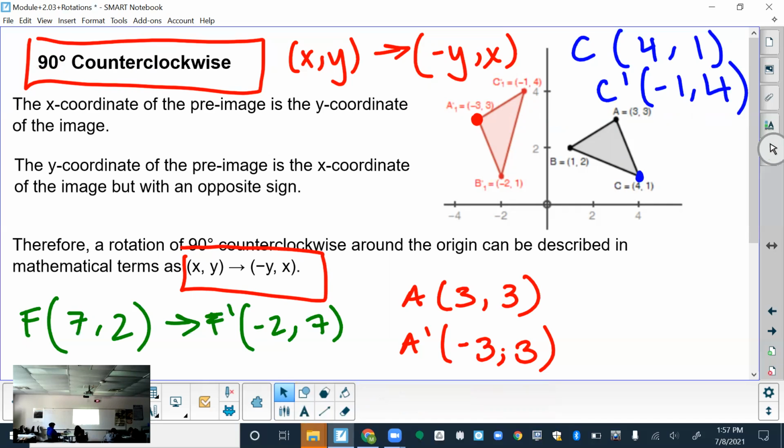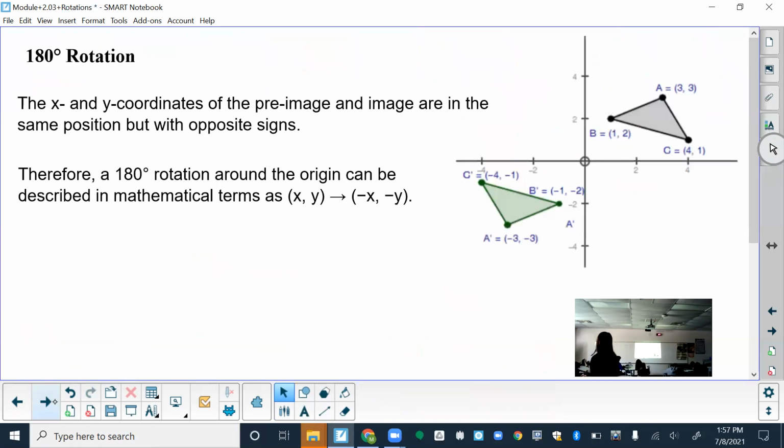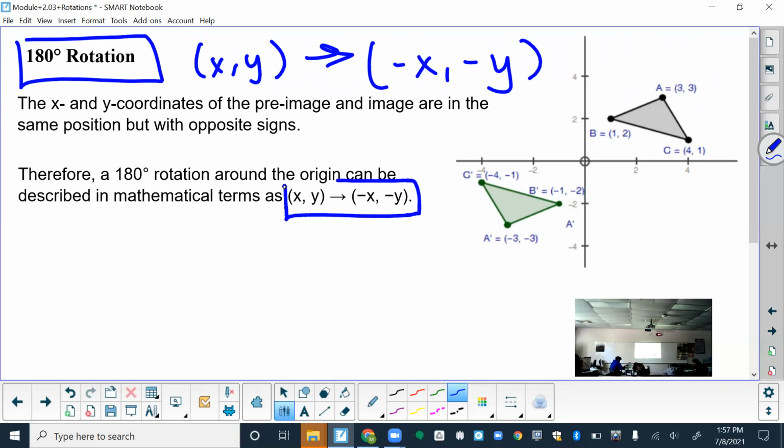Good. All right, so the other rule is the 180-degree rotation. If it says in the instructions, this figure is rotated 180 degrees about the origin, then you have a 180-degree rotation, which follows the rule x, y becoming -x, -y.